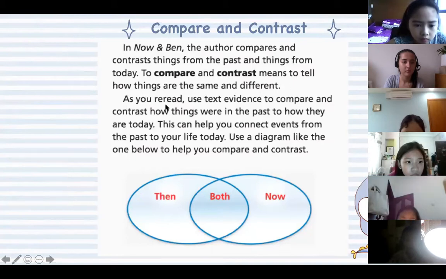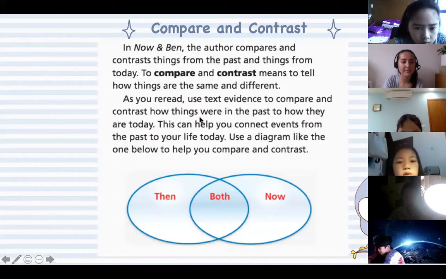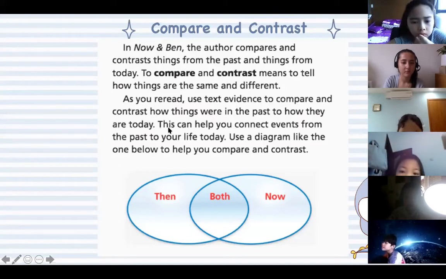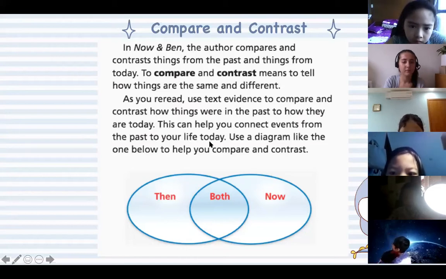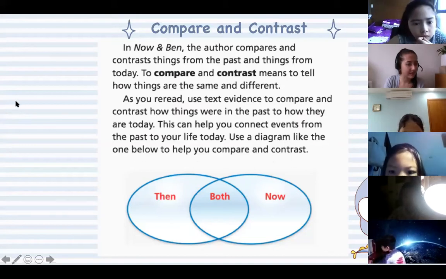As you read, use the text to find evidence to compare and contrast how things were in the past to how they are today. This can help you connect events from the past to your life today. Use a diagram like the one below to help you compare and contrast. Lovely reading. Thank you, Pumpkin.